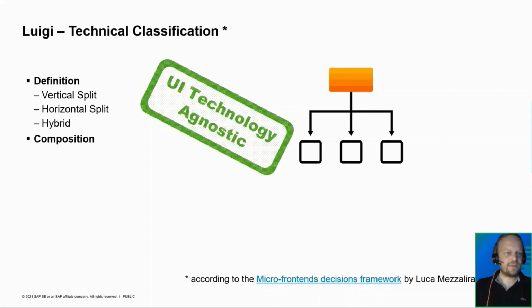Now let's come to the composition. Here, you have mainly three ways, and it's about where your application is built together. So there exist server-side, edge-side, and client-side, and Luigi is supporting client-side composition.